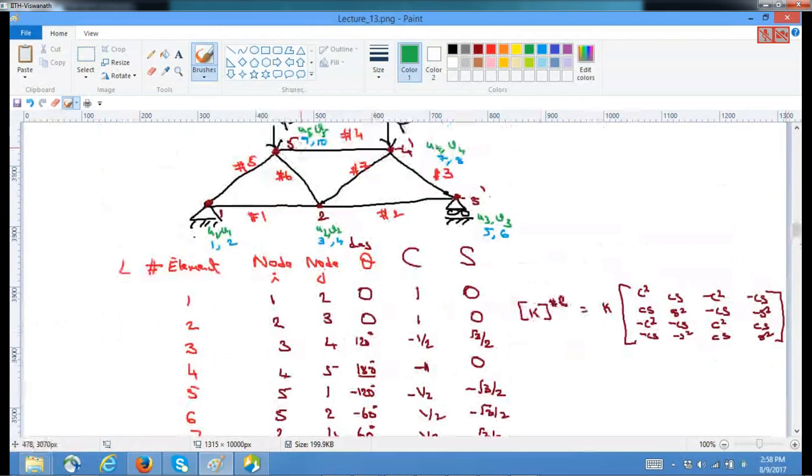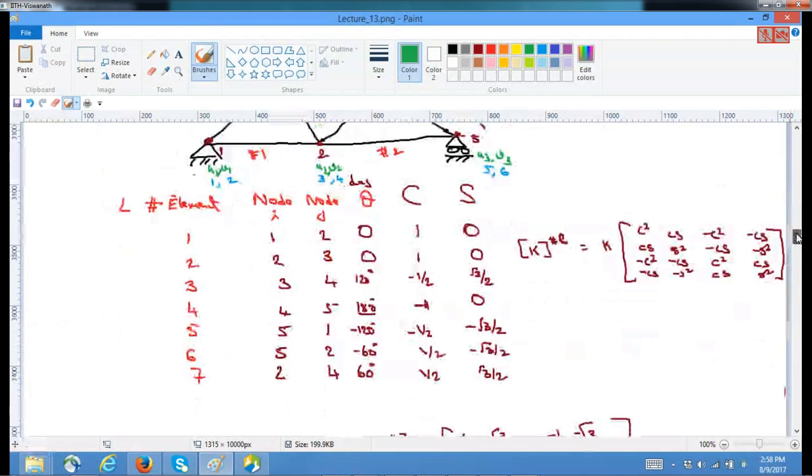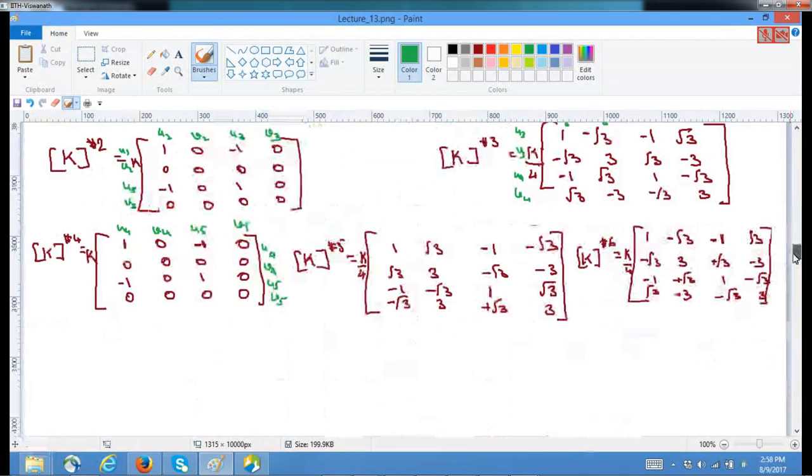For the fifth element, it is 5 and 1. So it is 5 and 1 that will make U5, V5, U1, and V1. Similarly, this row corresponds to U5, this row corresponds to V5, this row corresponds to U1, this row corresponds to V1.